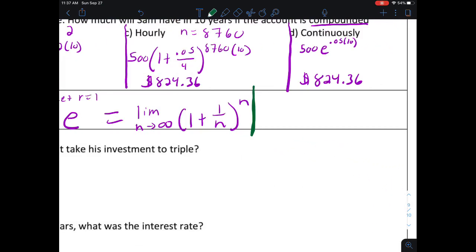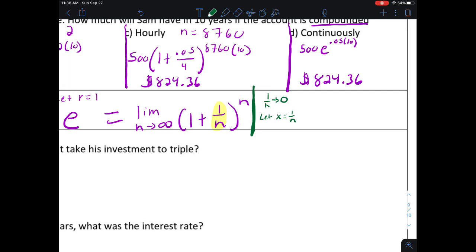There's a second way to define e if you were to Google and try to look up the definition of e. Instead of writing this as n approaches infinity, it's based on what is happening to the size of 1 over n as n increases without bound. Well, 1 over n as n increases without bound is approaching 0. So I'm going to write my limit a little bit differently. I'm going to let x equal 1 over n.